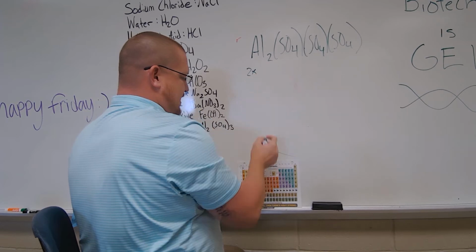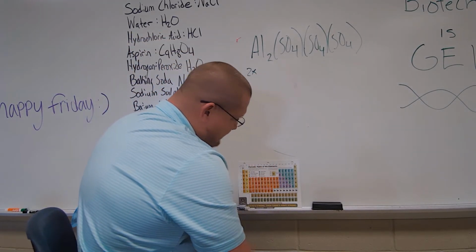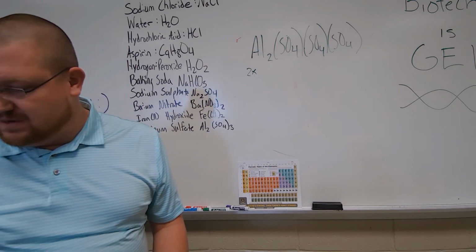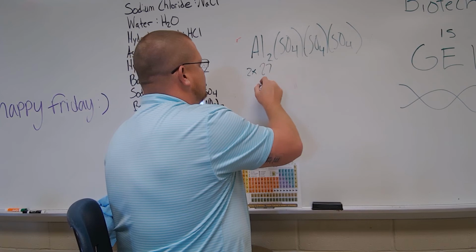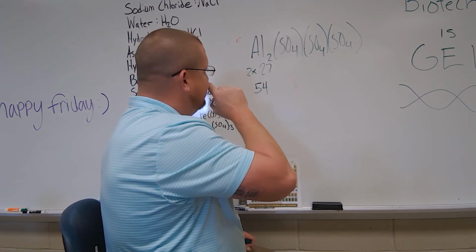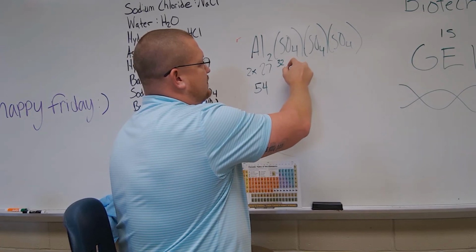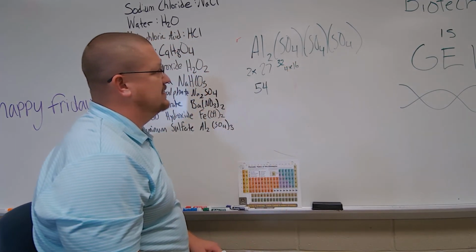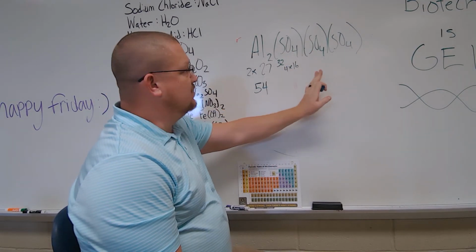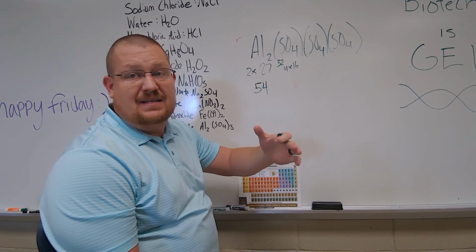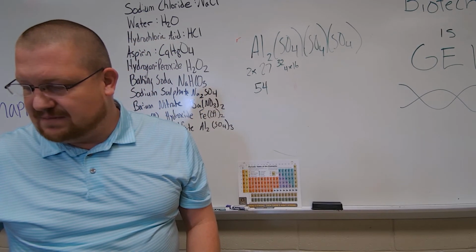That's 2 times 27, 54. So 54. Okay. There's 1 sulfur, 32. There are 4 oxygens, 4 times 16. Right? And that's going to be the same for all 3 of these, right? So if I can simplify this a little bit, I'll do 32 plus 4 times 16. 4 times 16 plus 32.